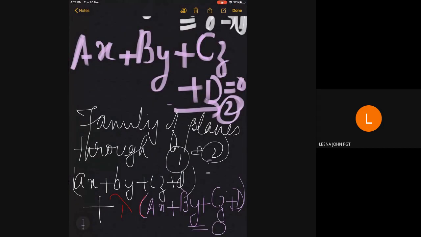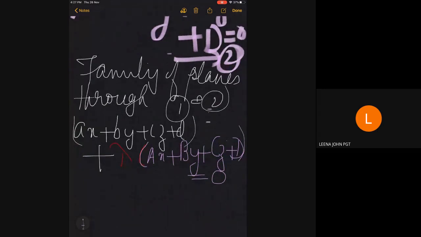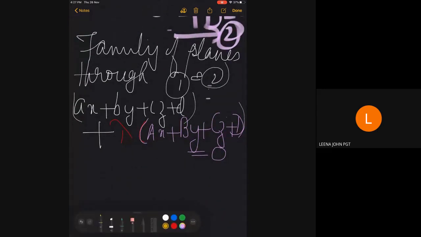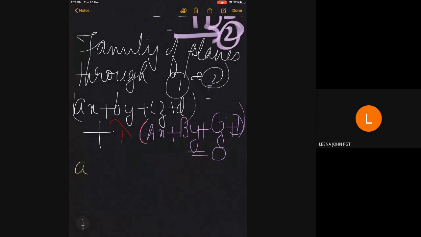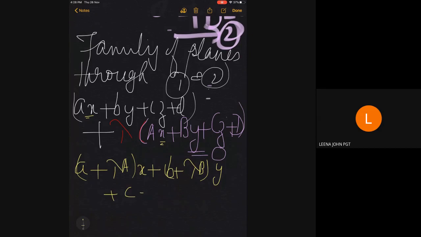You can also simplify and write it. Considering the x terms together, we can write it as a plus lambda A into x, plus b plus lambda B into y, plus c plus lambda C into z, plus d plus lambda D is equal to 0.